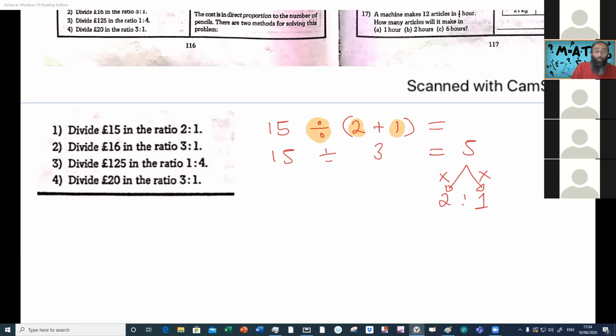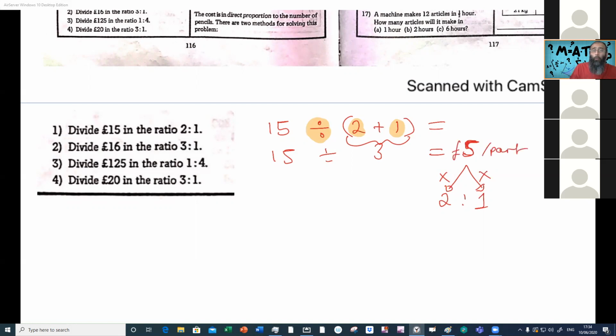So it says 15 divide by the ratio 2 to 1, we add the ratio. So 2 add 1 will give us 3. So we're doing 15 divided by 3 because there's 3 parts altogether. So 15 divided by 3 gives you 5. Okay, so that's the value of each part. So 5 pound is the value.